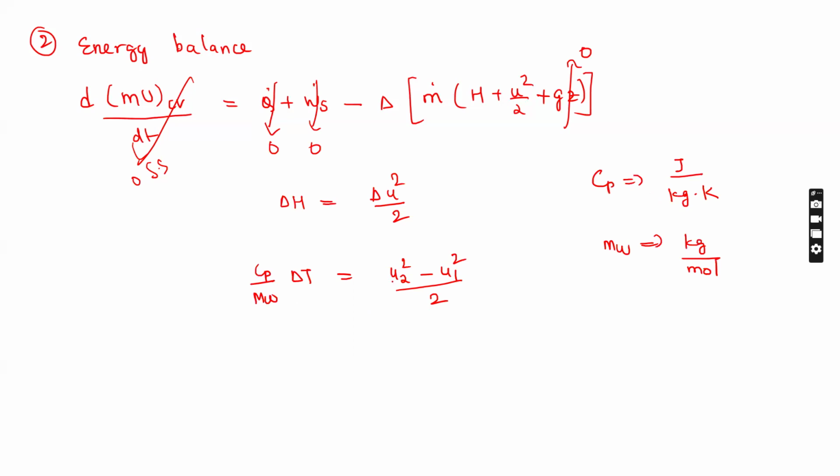And the Cp is generally expressed as given in the question. Cp is equal to 7 by 2 R. And R has the units of joule per mole Kelvin. Okay. Now I think you have a valid equation here.